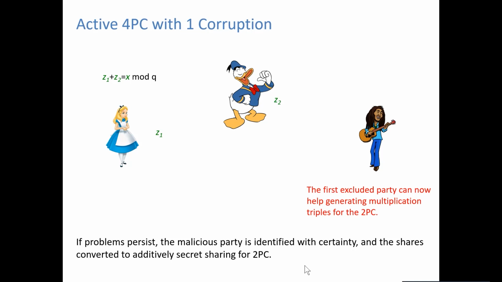But I'm not into the technical details. I don't have the slides here. Yeah, but certainly this requires that also in the three-party computation you can detect that something went wrong. Yes. There are technical details there. I don't have the slides here. I mean, it would be impossible for me to explain.